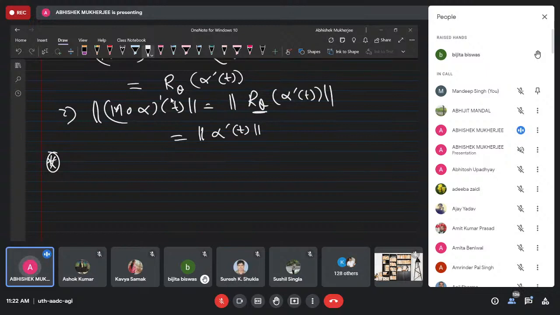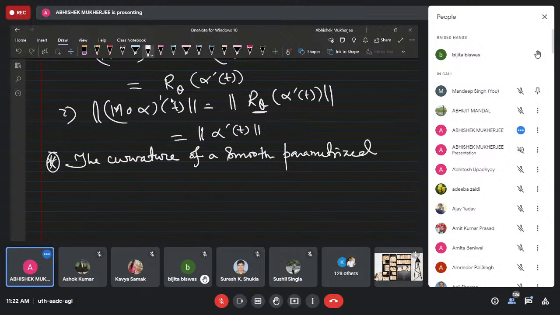the curvature of a smooth parameterized curve is invariant under the action of rigid motions.